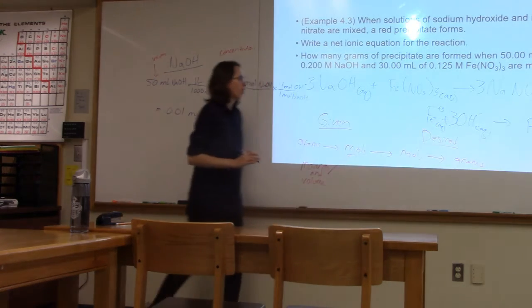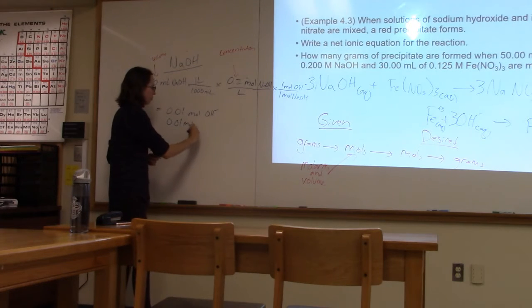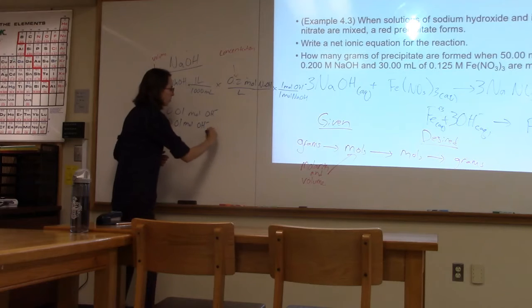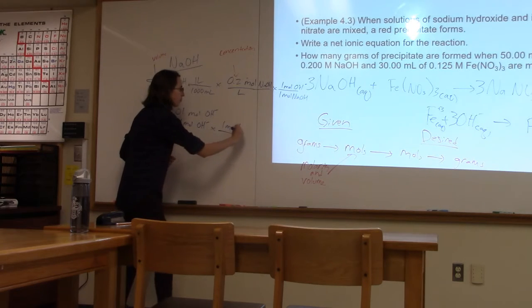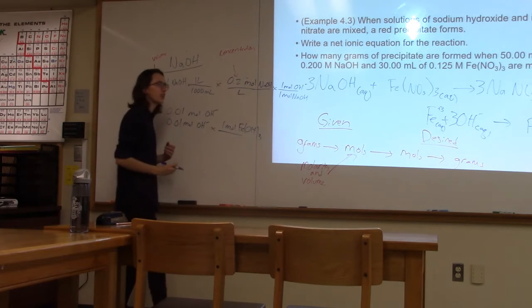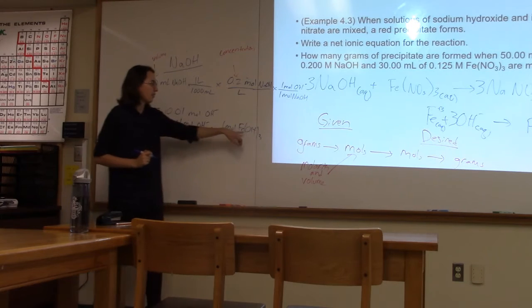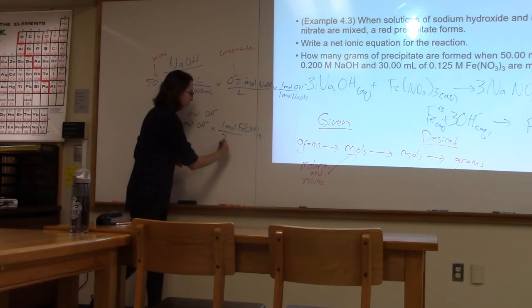So do you multiply by 1 mole of FeOH3 over 1 mole of, or is it 1 mole of 3? How many moles of OH minus do I need to make FeOH3? 3.